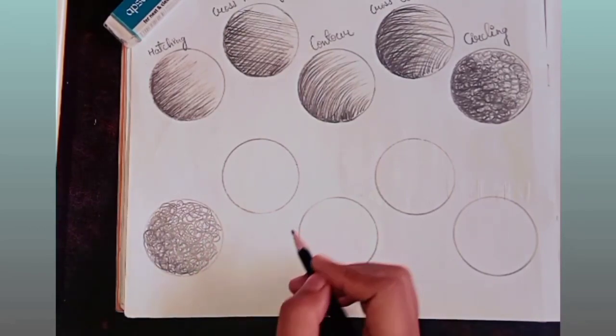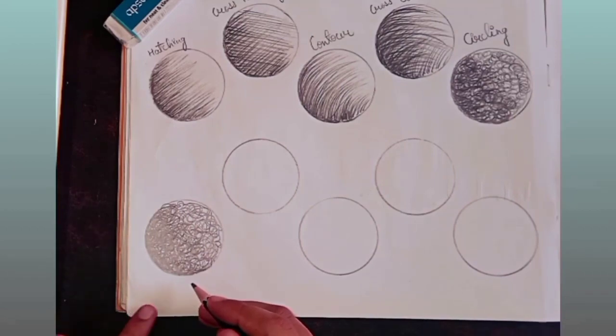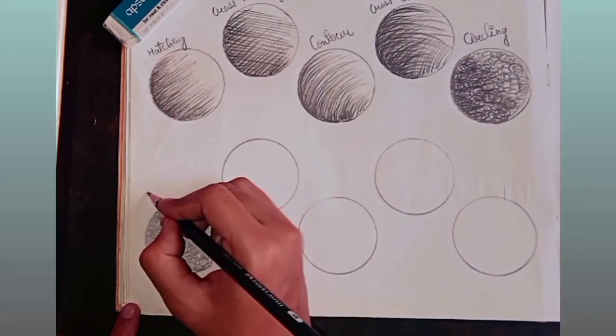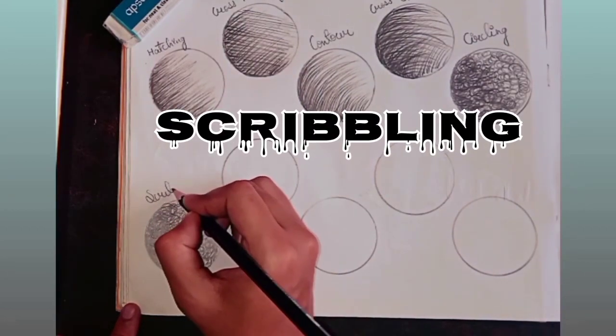More the messy strokes, darker the shade will be. And this process is called as scribbling.